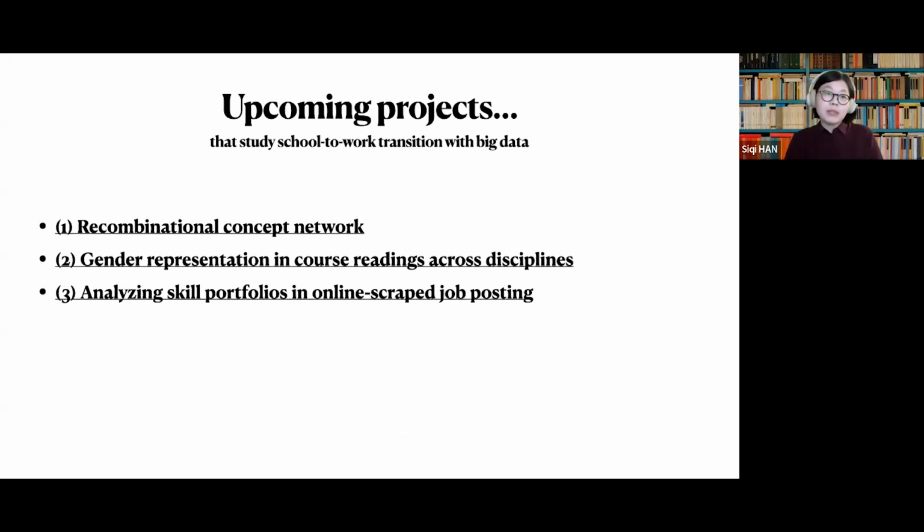This is also using the syllabus data, as you can tell. The third one is moving away from school to work, because the title of my talk is School to Work Transition. So I would also like to introduce some work related to the work side of it: analyzing skill portfolios in online job postings.